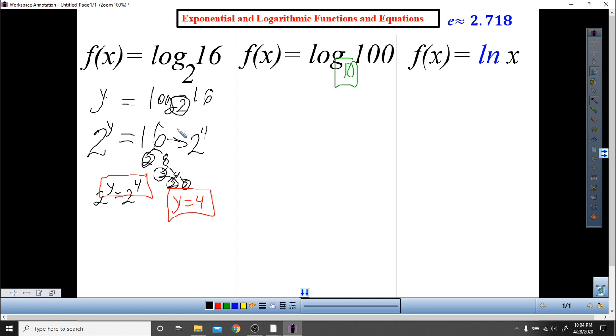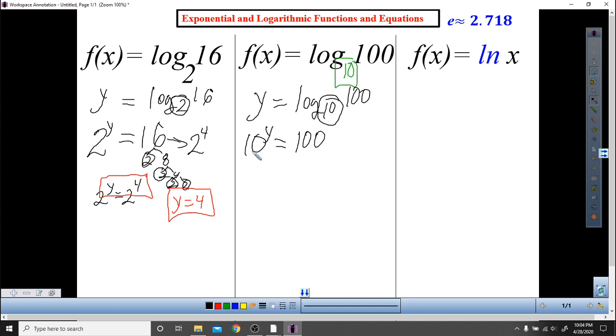And now we can do the process just like we did over here. So this becomes y equals log 10 of 100. So with that said, what's our base now? Our base is 10, so it goes here, 10 to the power of y equals 100. Do they have the same base?